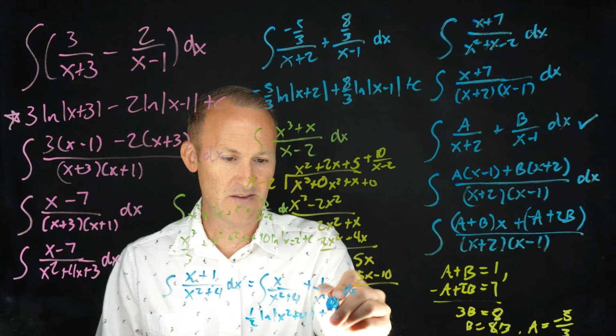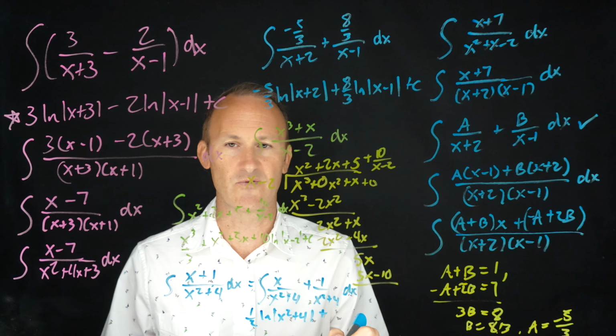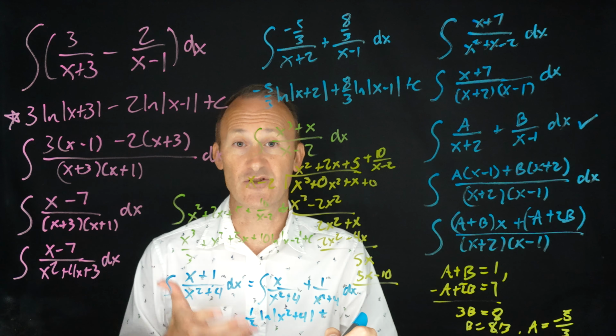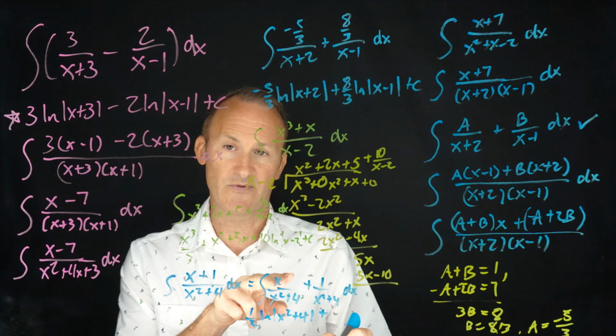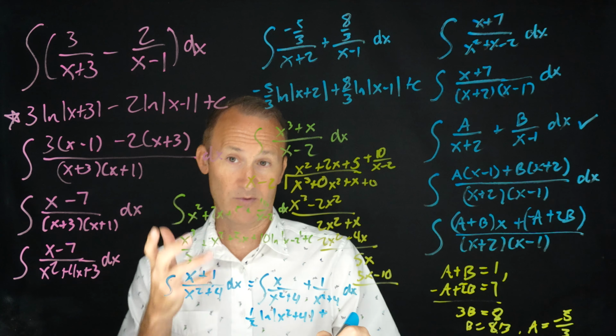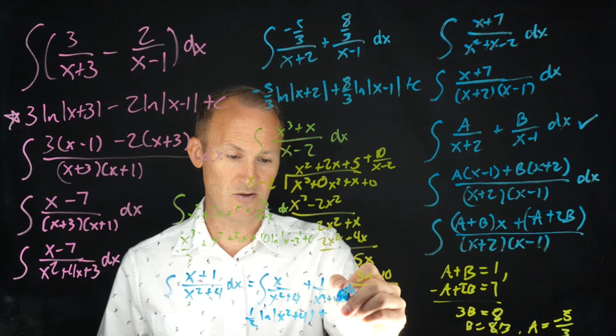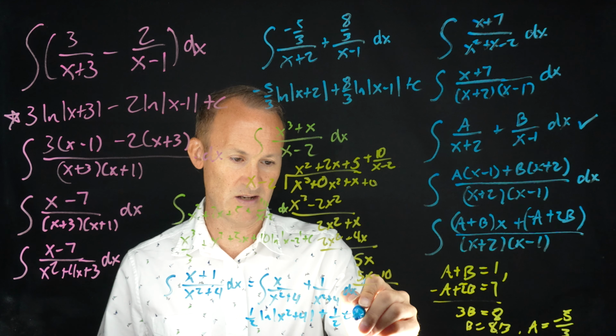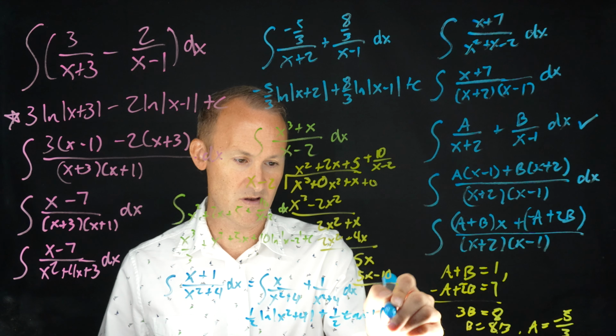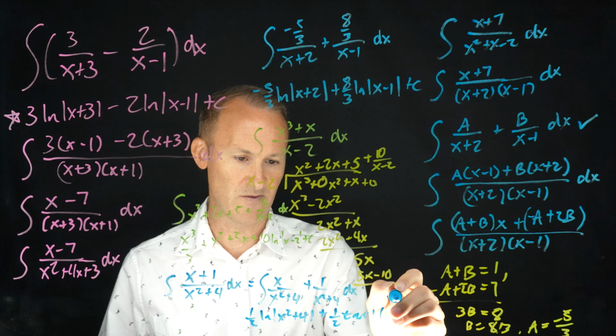It's the tangent inverse. The derivative of tangent inverse of x is 1 over x squared plus 1. And when you have a form like this, it's considered x squared plus 2 squared. What you do is you put 1 over the 2, and then it's tangent inverse of x over 2.